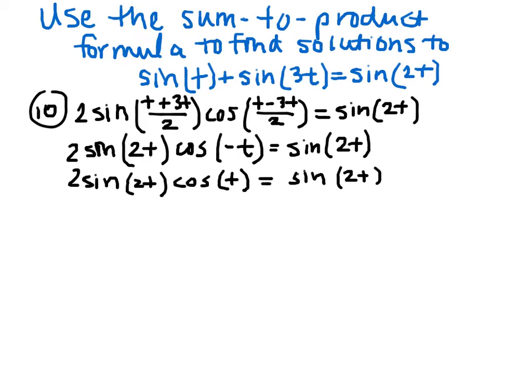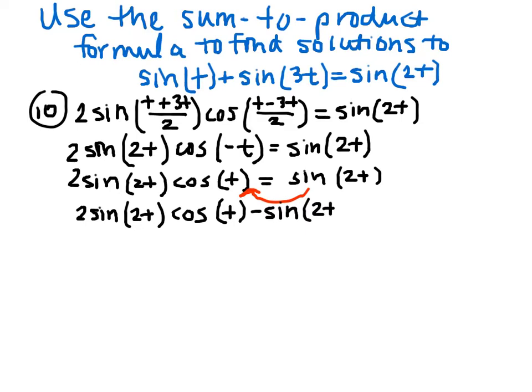And now since we're finding solutions, we want to move this sine of 2t to the left-hand side. So we have 2 sine of 2t cosine of t minus sine of 2t equals 0.